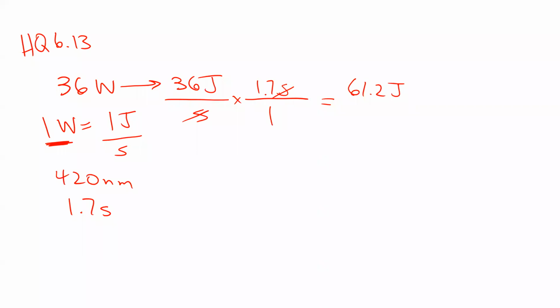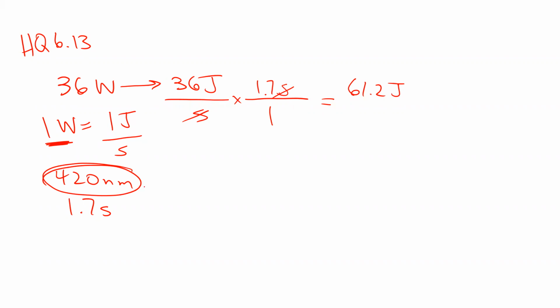To find out how many photons of light that requires, we have to go back to the wavelength of light to find the energy of that light, because that's the energy for 1 photon. We'll find that energy, and then we're going to have to divide to see how many times this little photon and its tiny little energy need to go in to make 61 joules of energy.